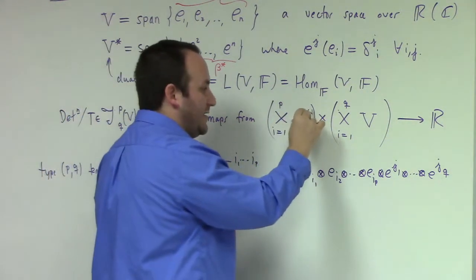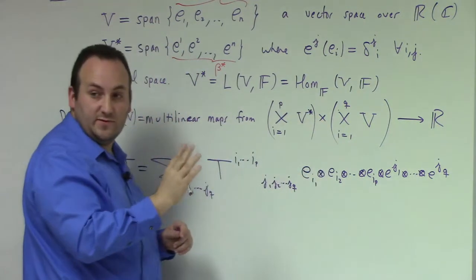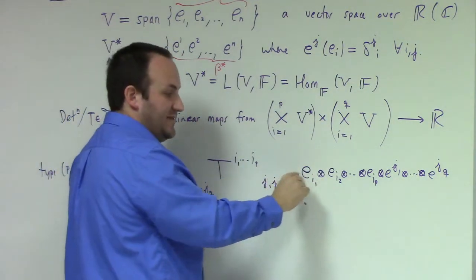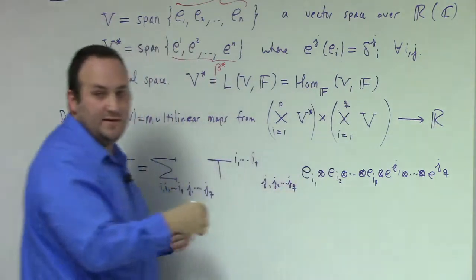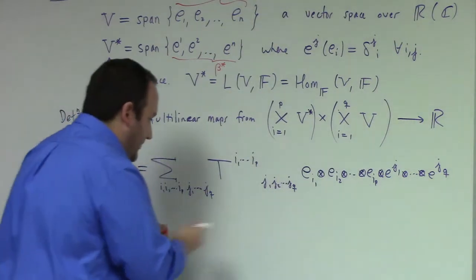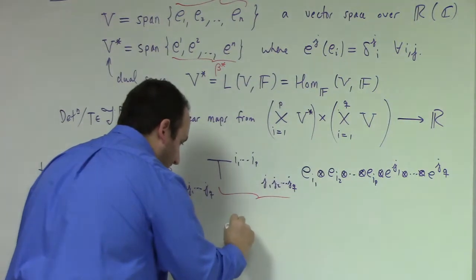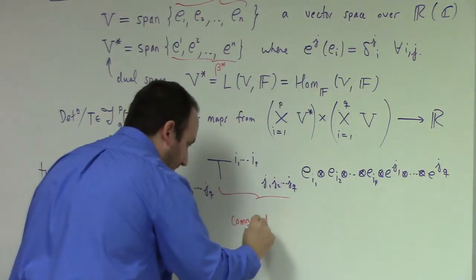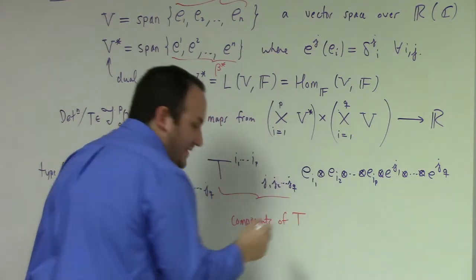Now, when I write that, what am I thinking about? I'm thinking about the double dual, actually, right? I'm thinking of these actually as being double dual vectors because those naturally act on V dual. And these are the so-called components of T with respect to the given basis.